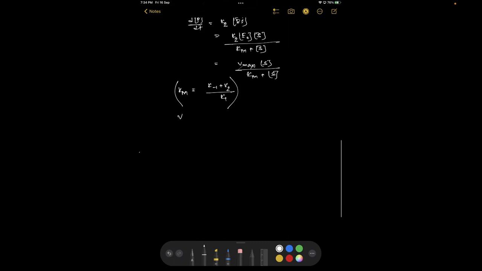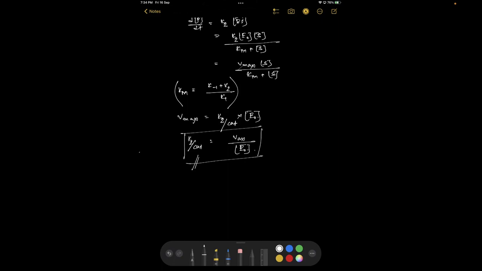So Vmax equals K2, or we call it K catalytic rate constant, times E0, that means initial enzyme concentration. So K2 or K catalytic equals Vmax divided by E0, right?